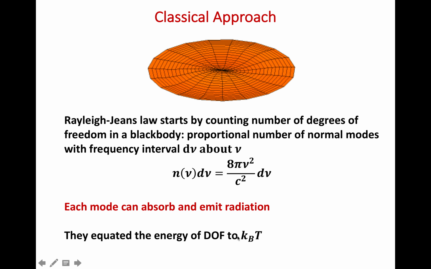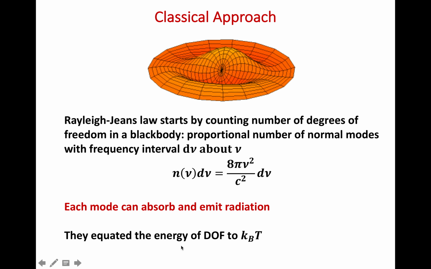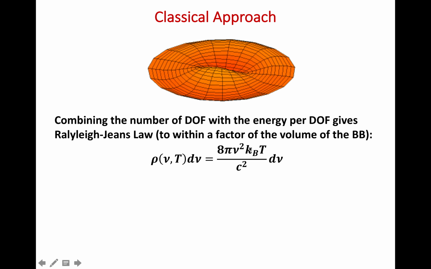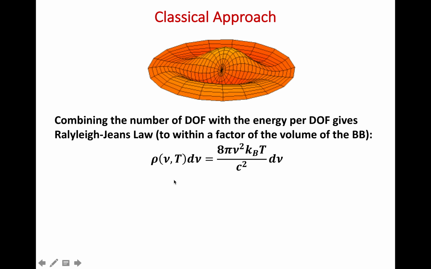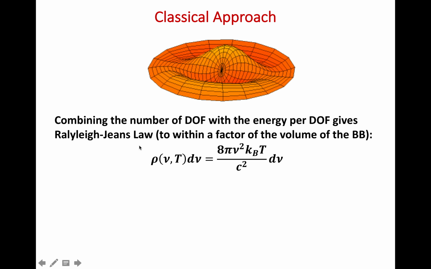And so what they did then is they said, well, each one of these modes is going to have an energy associated with it. And so we'll equate the energy of that mode to Boltzmann's constant times temperature. Okay, and so now this is what was called Rayleigh-Jeans law.